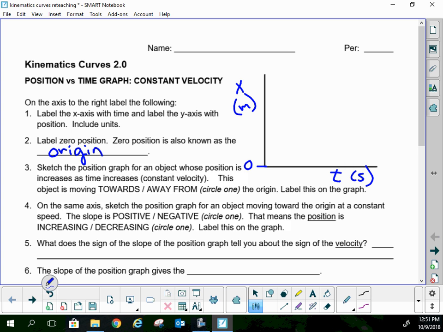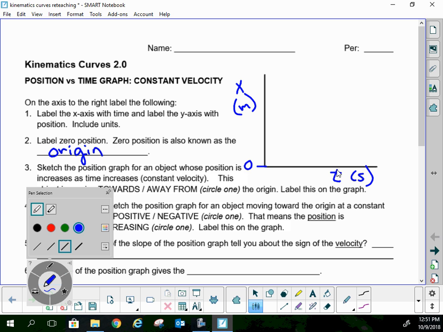So number 3 says to sketch a position graph for an object whose position is increasing as time increases. So that means as time goes up, my position is also going to go up. So when I combine those two ideas together, I'm going to end up with a linear graph that has a positive slope that looks something like this.